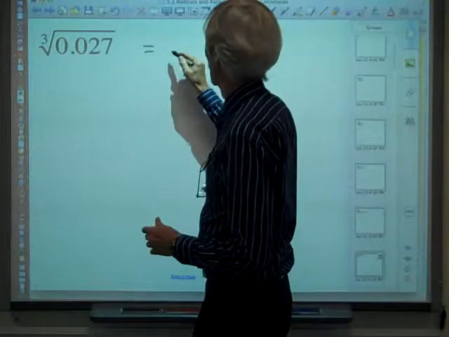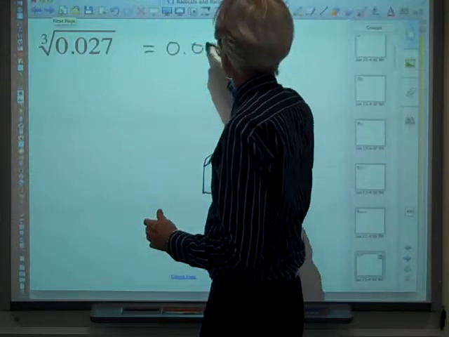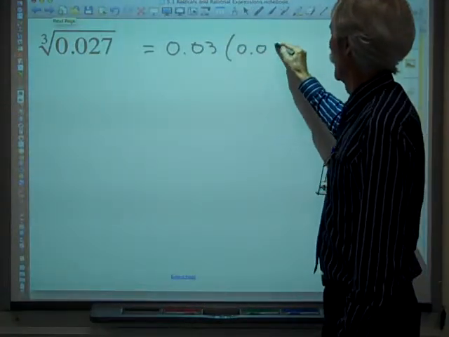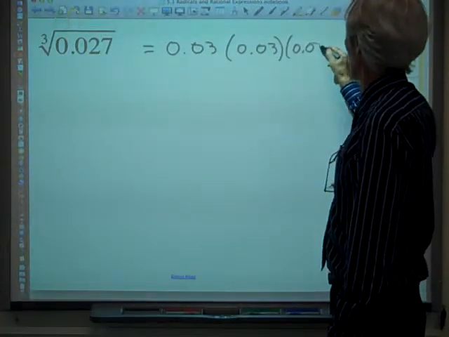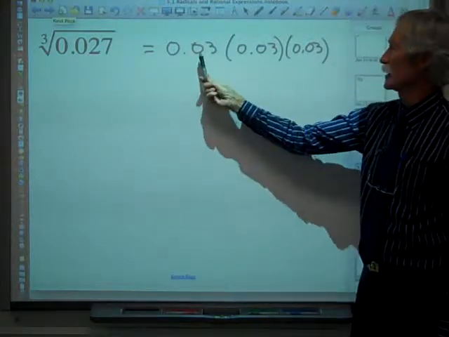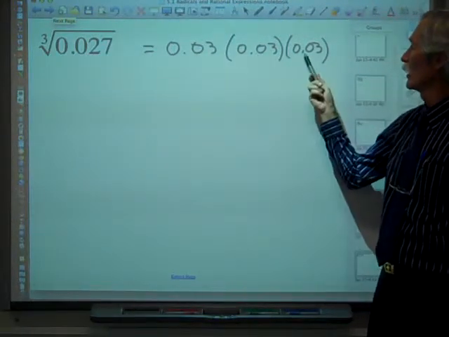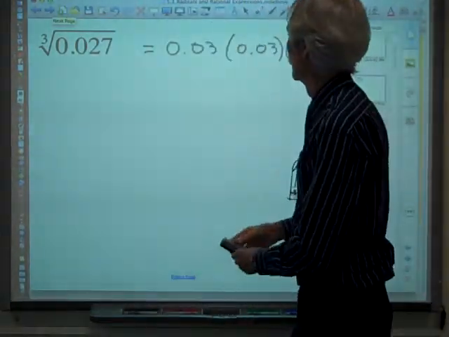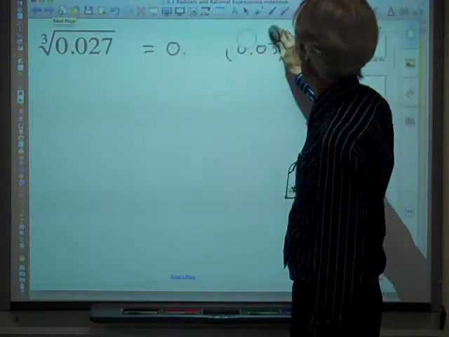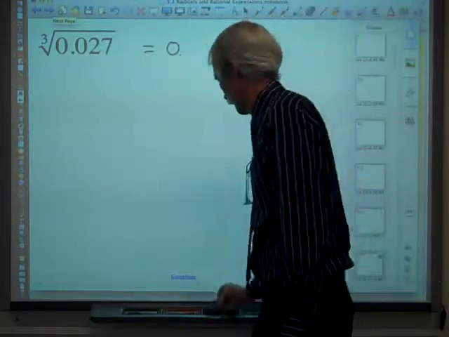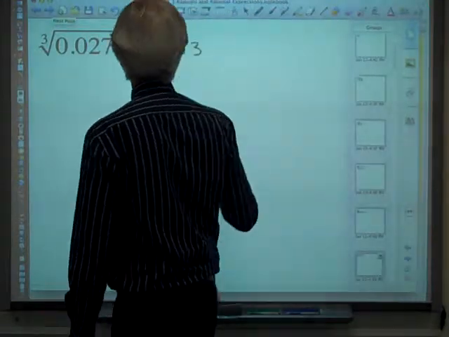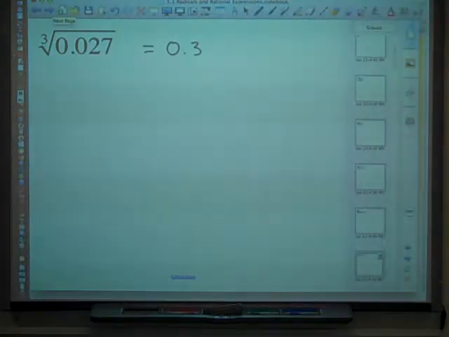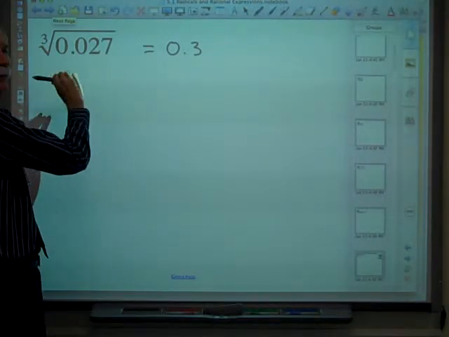So let's just try something. 0.3, 2 decimal places, 6. But what are we doing? Cubing it, right? How many decimal places does that make? 2, 4, 6. Does this have 6 decimal places? Oops. It's 0.3. This is low. So let's try 0.3. If I do 0.3 times 0.3 times 0.3, how many decimal places will that have? 3. 1, 2, 3. Perfect.